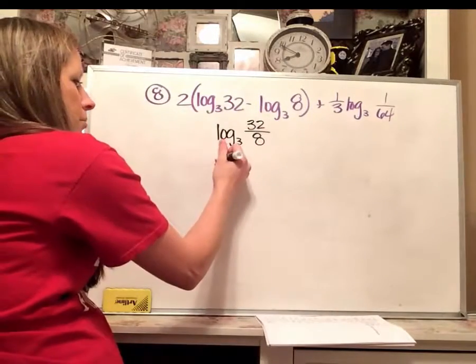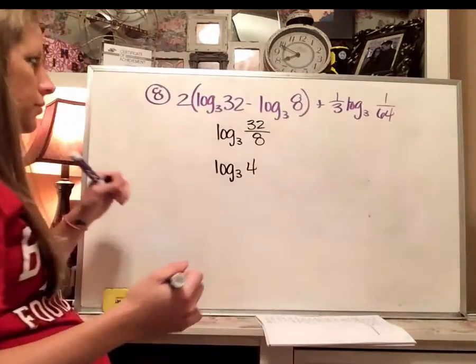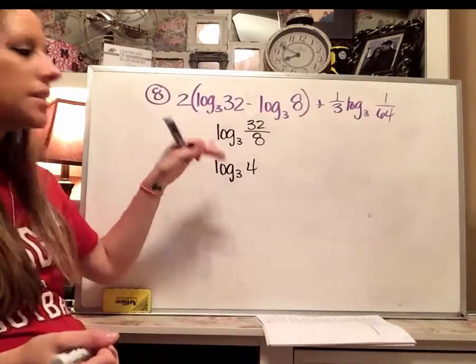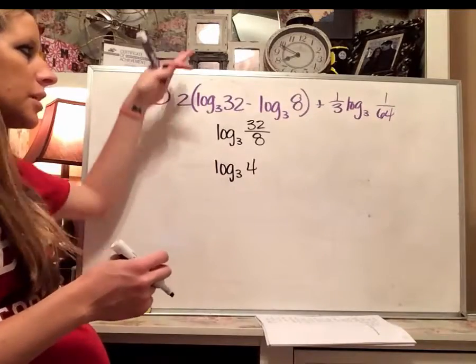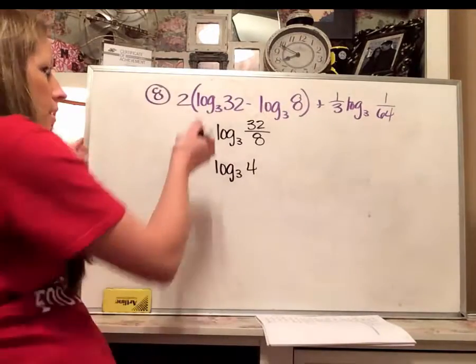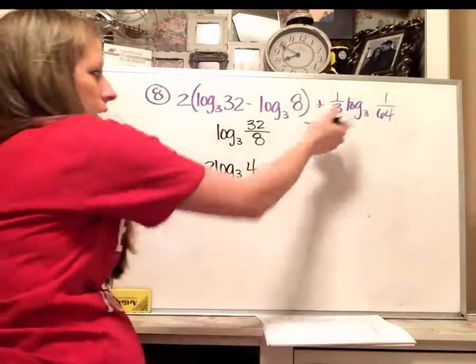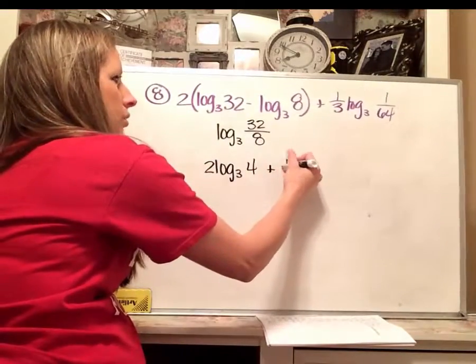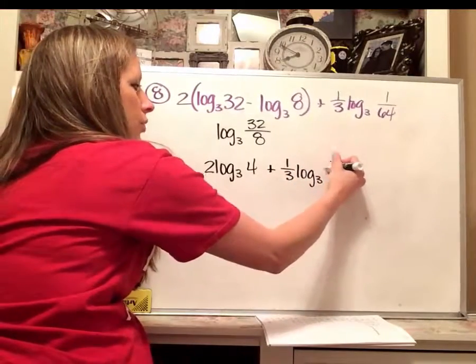And 32 divided by 8 is 4. So let's go ahead and do that. So what's in parentheses is log base 3 of 4. Now, I'm going to bring everything else down. So the 2 in front, I'm going to keep it in front. And then at the end, we have plus 1/3 log base 3 of 1 over 64.